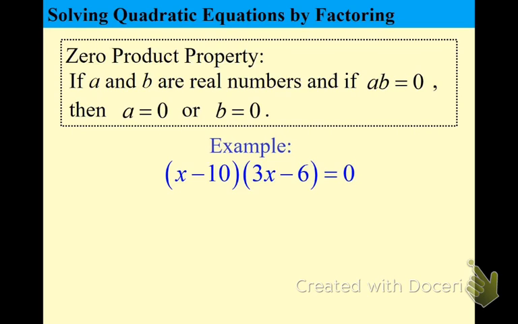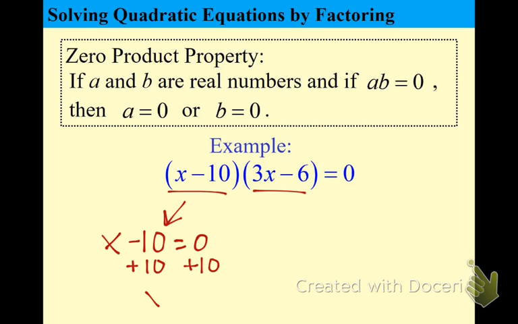So you want your answer to look like this. You're going to take your 2 factors, x minus 10 and 3x minus 6, and set them each equal to 0. So x minus 10 equals 0. I'm just showing you where I'm getting them from. So the first answer is x equals 10.